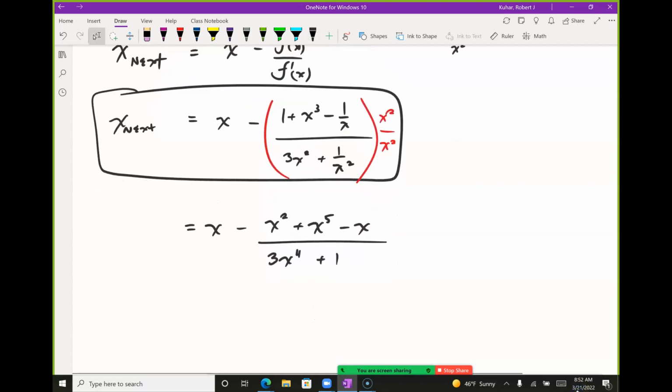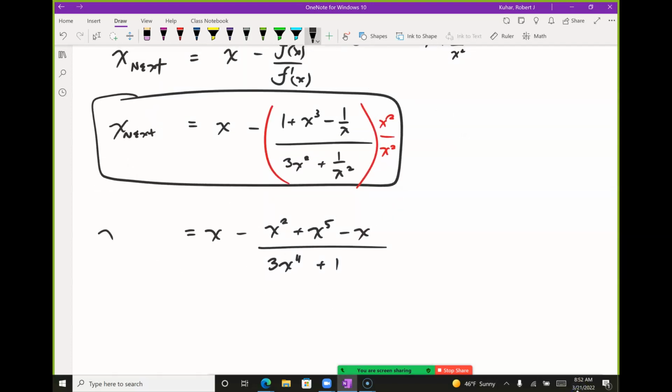Everyone agree? That's a slightly different way to LCD it. Easier. That's why I've been doing it all semester. What else do I want to do? Who's got my next suggestion? Combine like terms? Yes, combine like terms if I had them. I don't. So what's next?